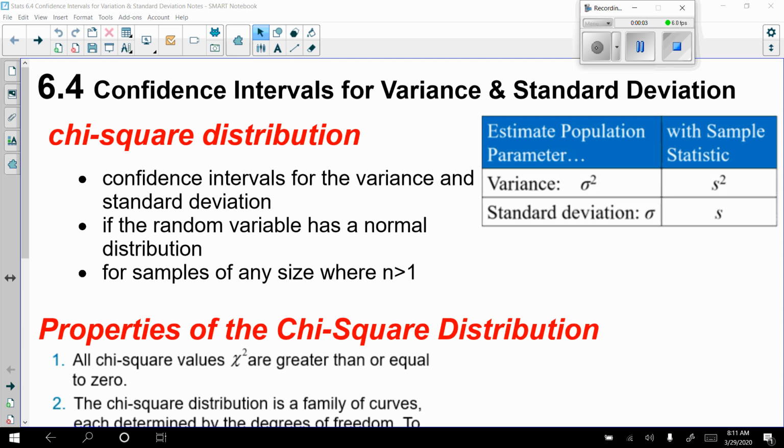Finally, we have our last section on confidence intervals, and these confidence intervals have to do with variance and standard deviation. So when we are finding the confidence intervals for those, we call this the chi-square distribution. It's spelled like this, but it is pronounced chi with a long I square.